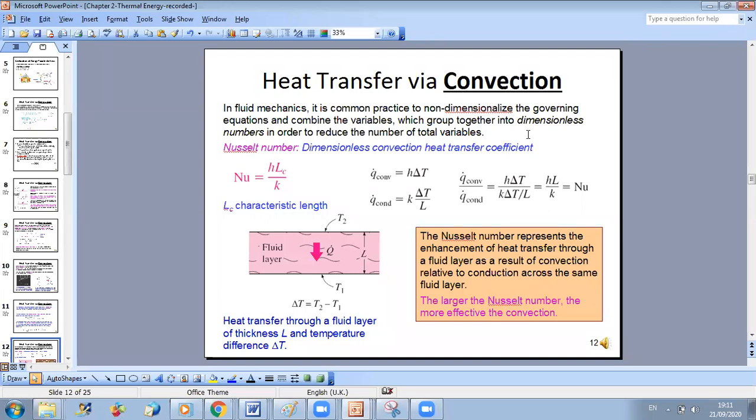But to make an experiment general, so to use the result of the experiment in a general case, you should come up with what we call a dimensionless number. A dimensionless number is a number that involves several variables, and when you put these variables together, you obtain a number without units.